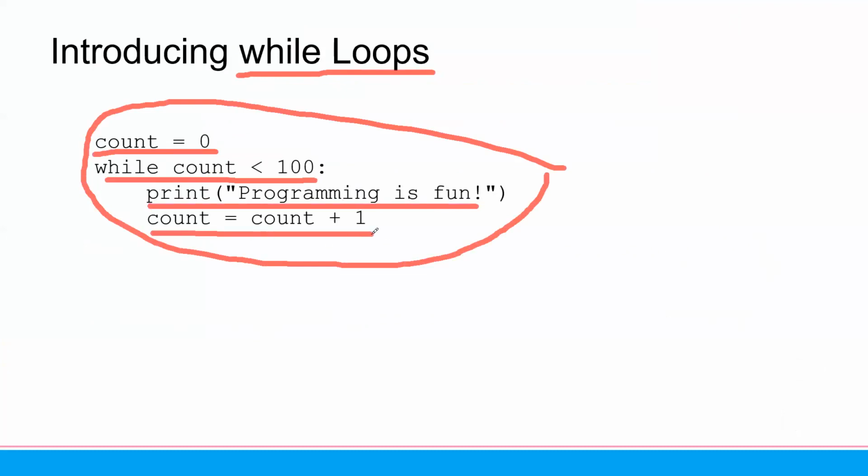Count will be added by 1. So it will check: is count less than 100? Yes. Then print again programming is fun. Is count less than 100? Yes. Then again print programming is fun, until count equals 100.